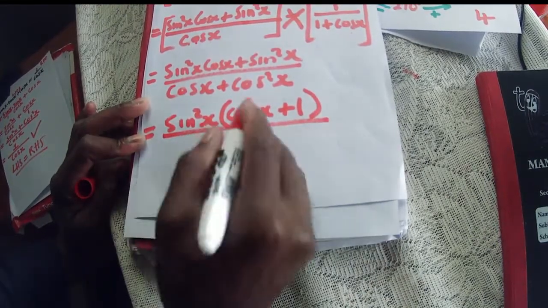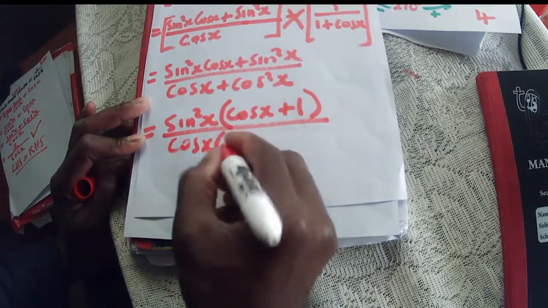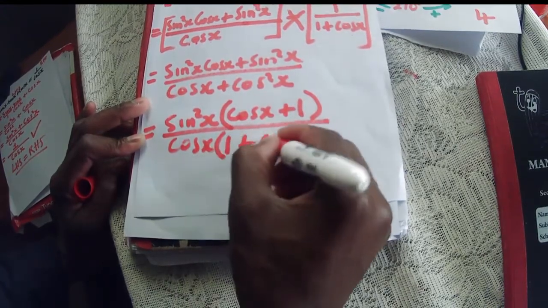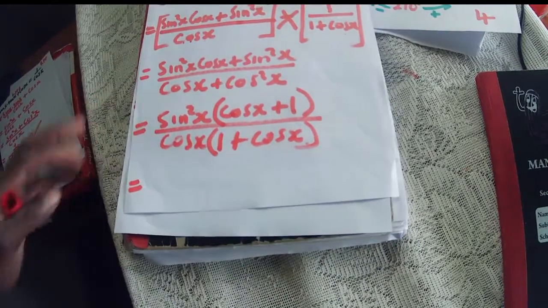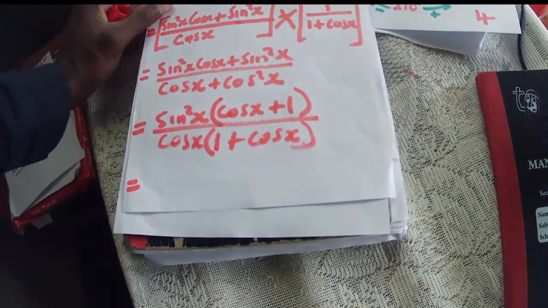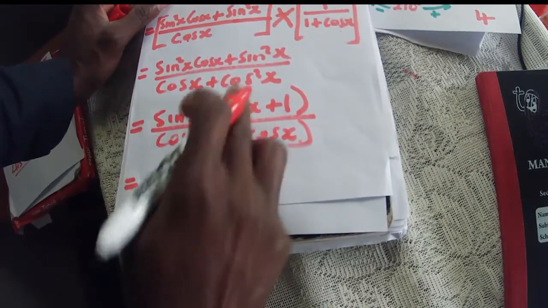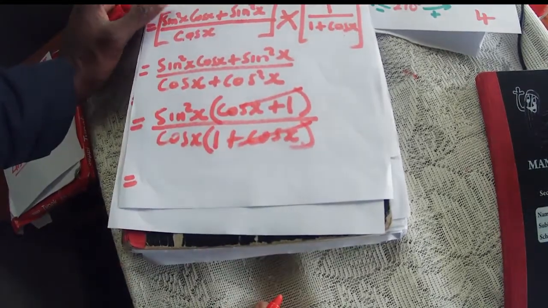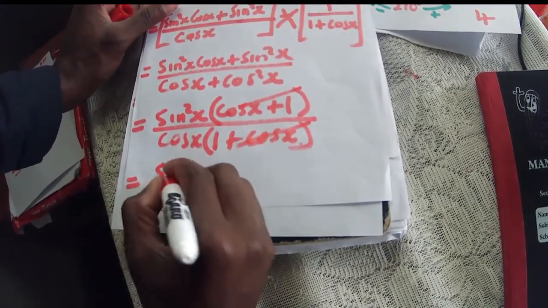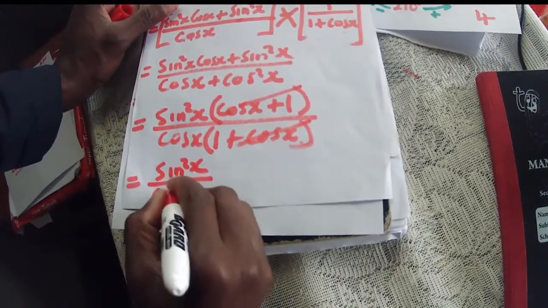What do we have underneath? What is common is cos x. Inside the parenthesis is 1 plus cos of x. As you can see, guys, this bracket, these parentheses are the same. So this and that divide, you are left with 1. So the remaining is sine squared x multiplied by cos x.